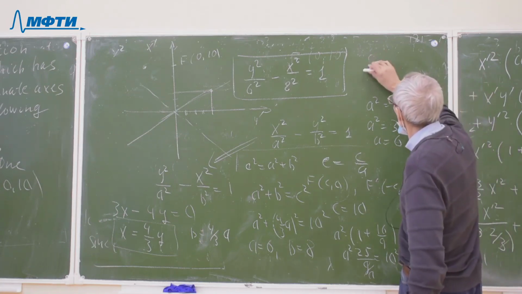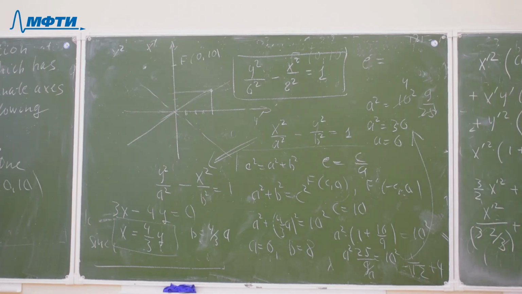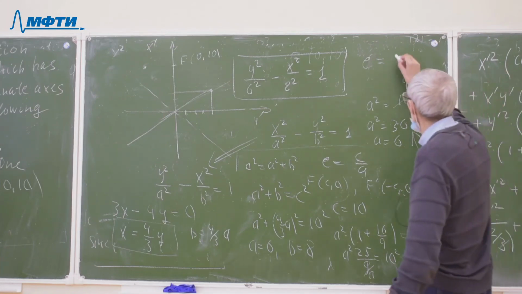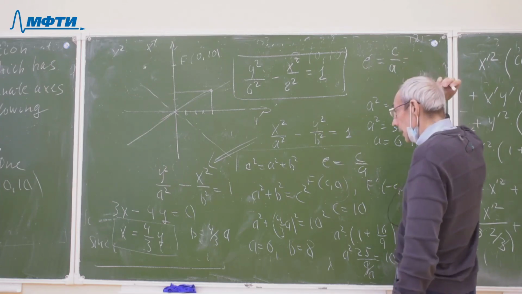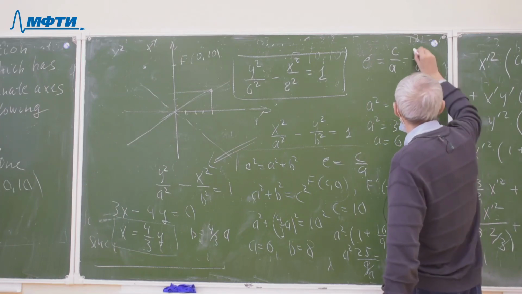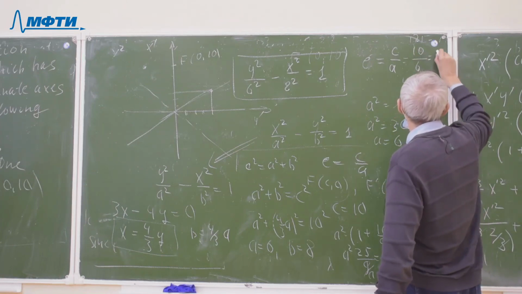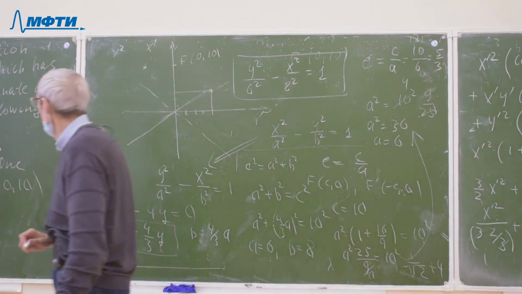First of all, we must calculate the value of eccentricity. Eccentricity is the ratio c over a. a is equal to 6, c is equal to 10, and we obtain the ratio 5 over 3.